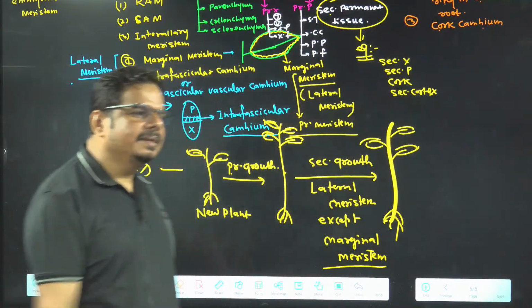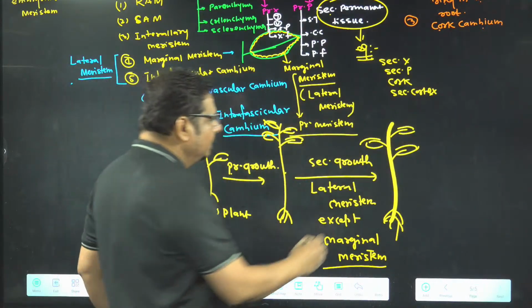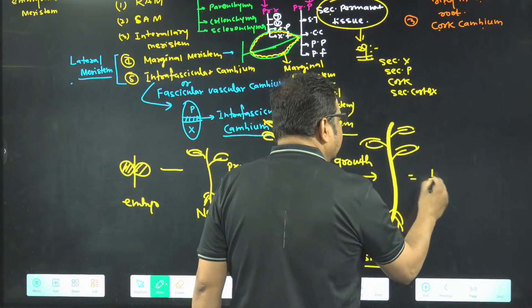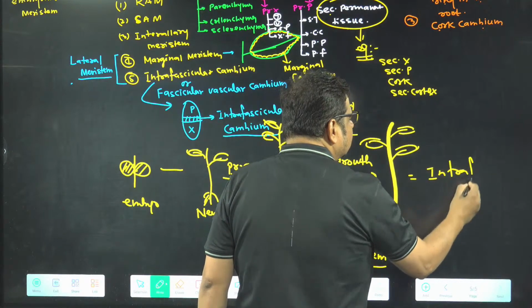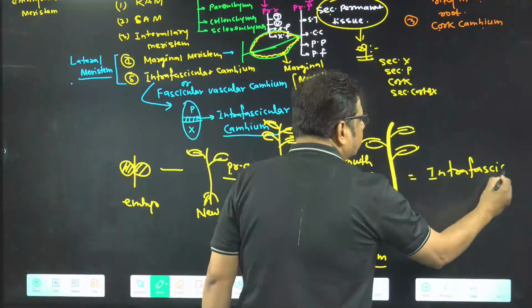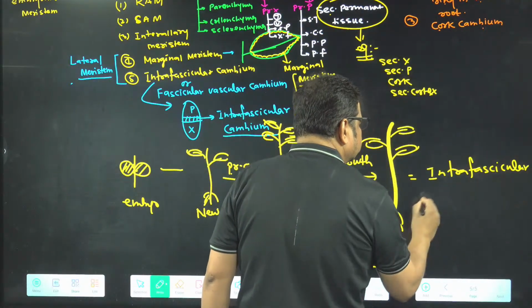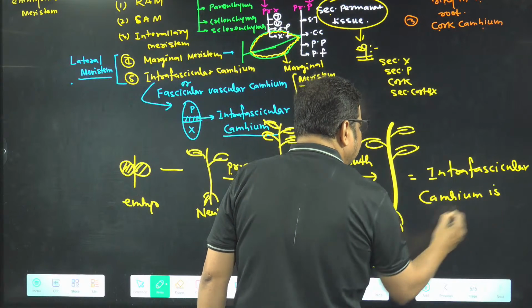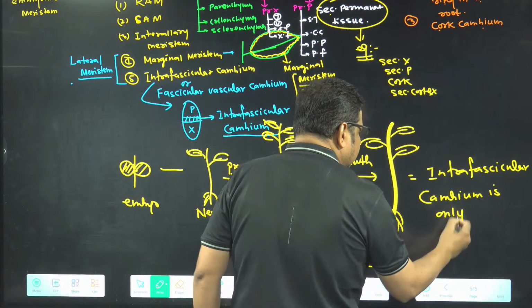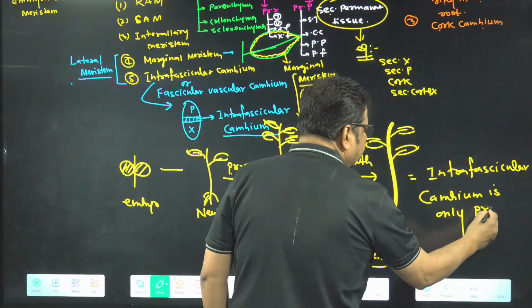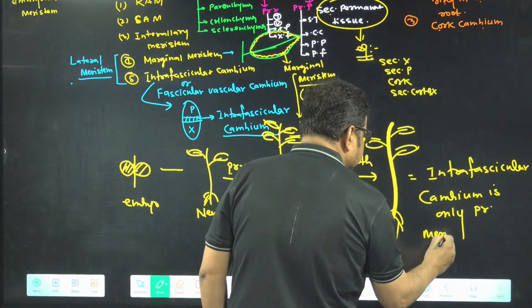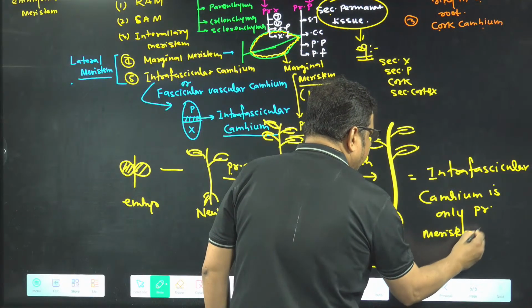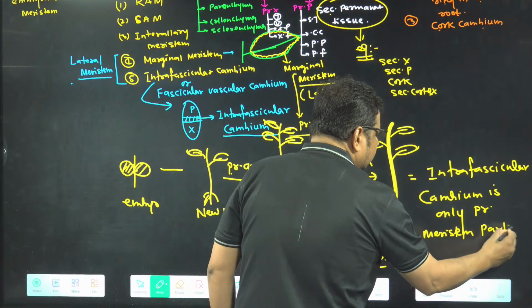The only primary meristem that causes secondary growth is what? So you can write it also: intrafascicular cambium is the only primary meristem that participates in secondary growth.